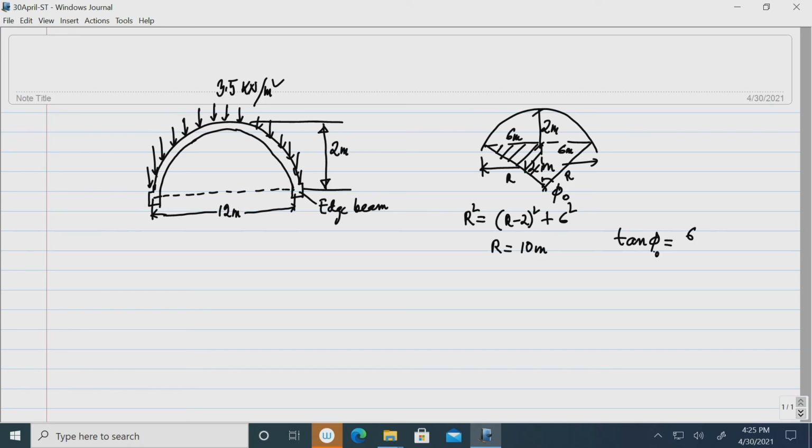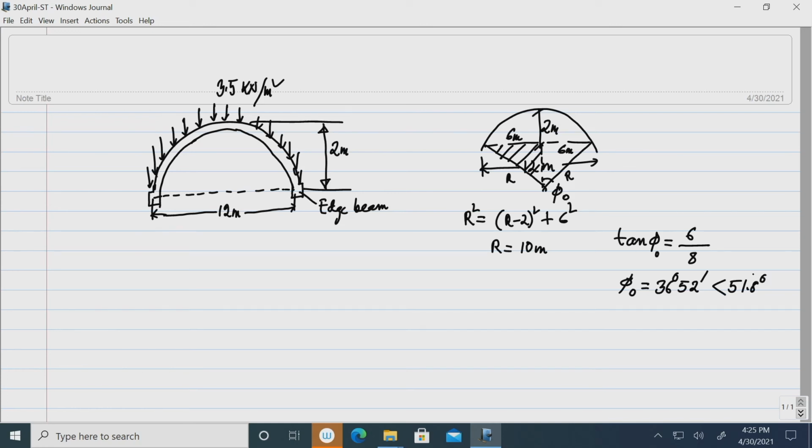So, sin phi naught is 6 by total radius 10. So, 10 minus 2, that is 8. Hence, we get phi naught equal to, after calculation, 36 degree 52 minutes. So, it is less than 51.8 degree.